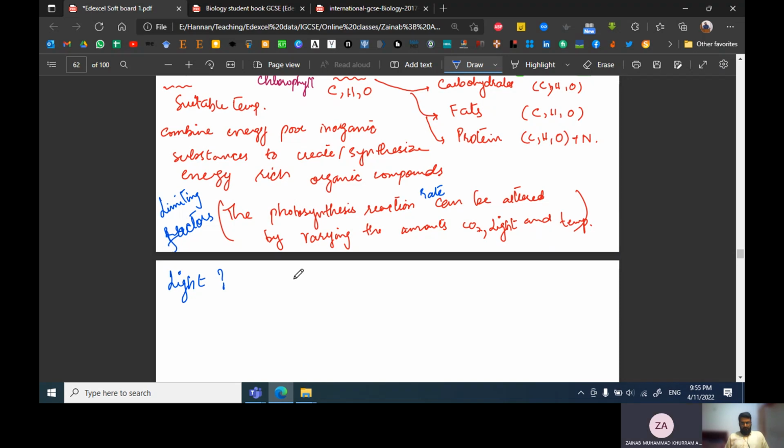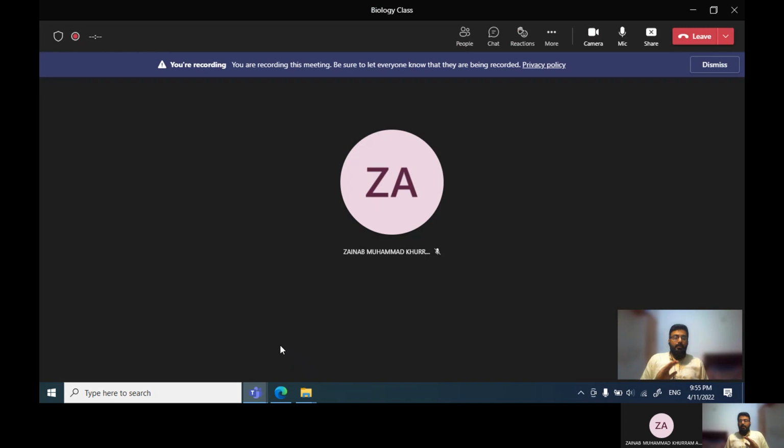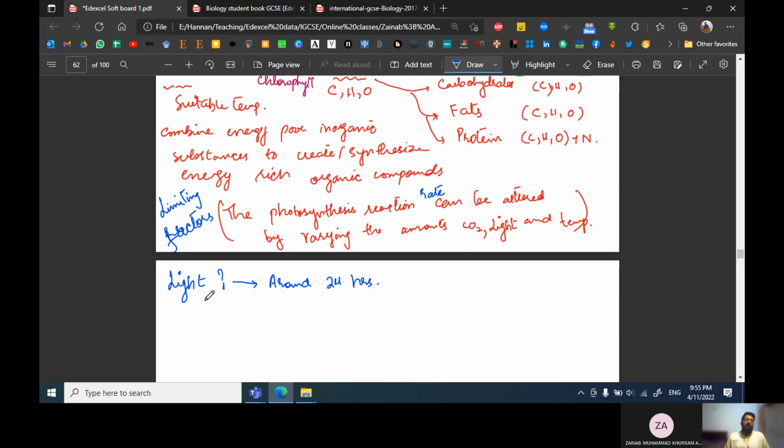At nighttime and at times of rainy seasons, because clouds cover the sky. Yes, you also can say that the light varies around 24 hours. Why am I saying this? Because the angle of the sun changes every hour. So it can change around 24 hours.